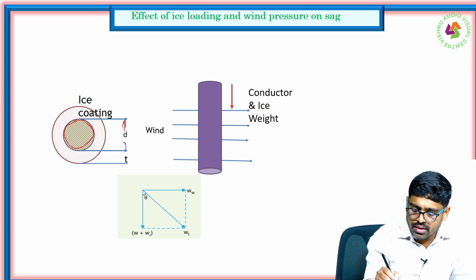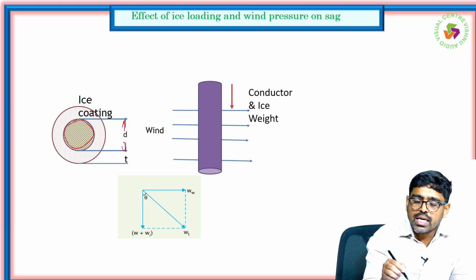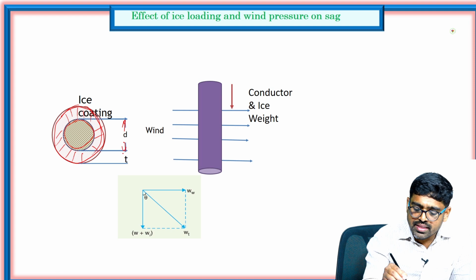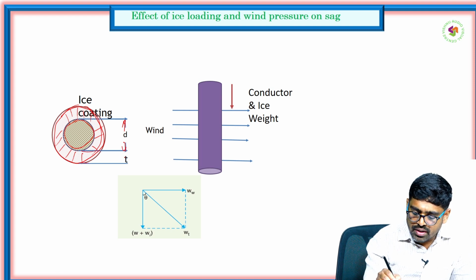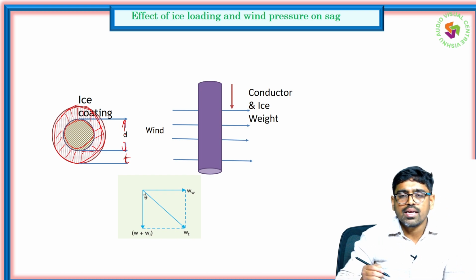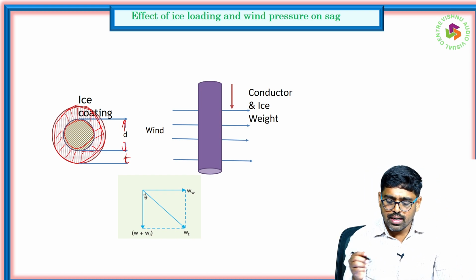So we can see that it is a normal conductor having a diameter D, and this particular conductor is coated with ice. This much of coating of ice is there, and the thickness of this ice we are considering as T. So D is the diameter of the conductor, T is the thickness of the ice coating.